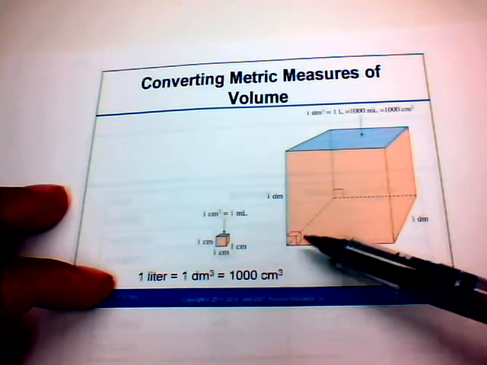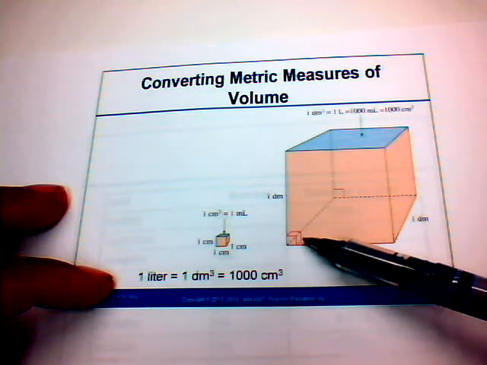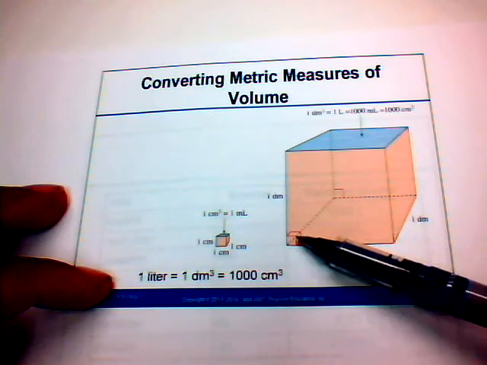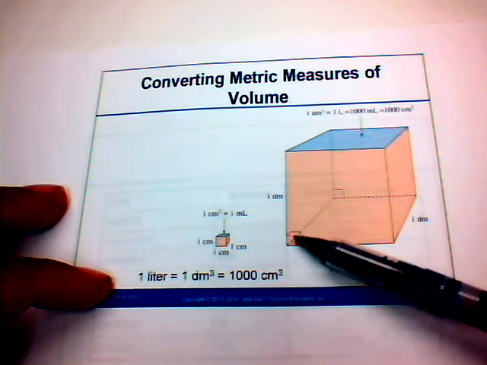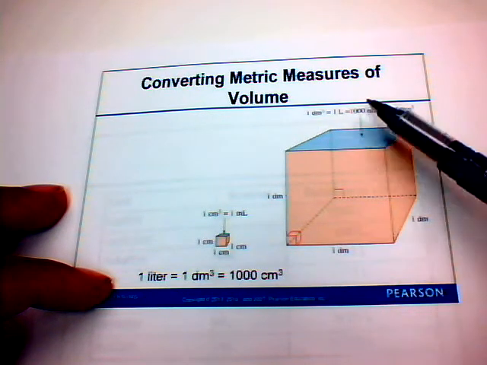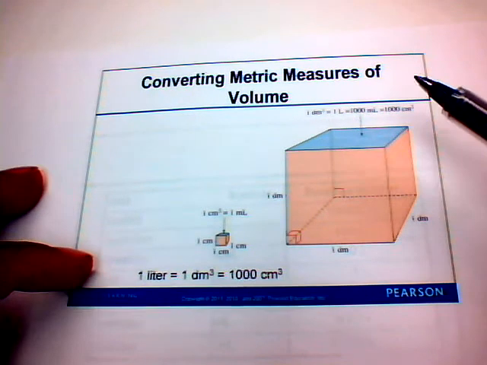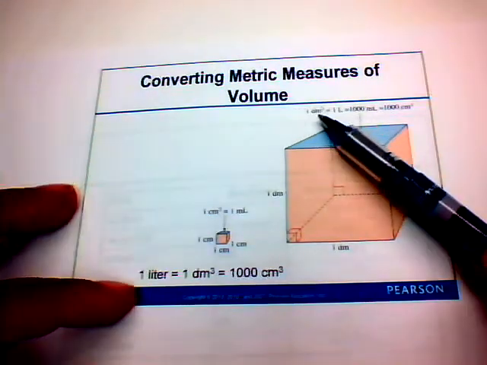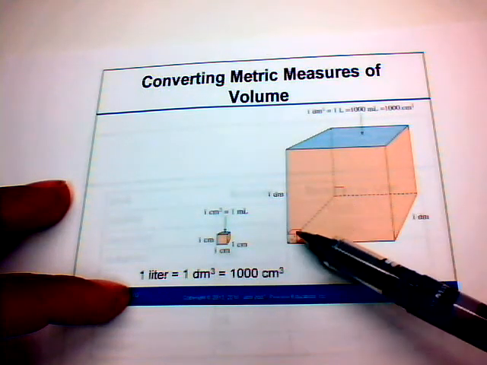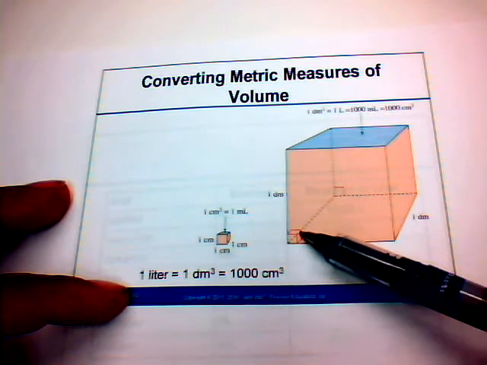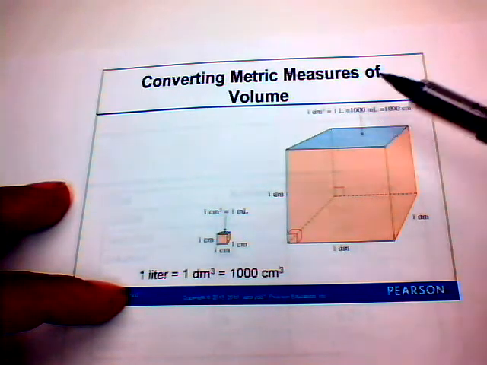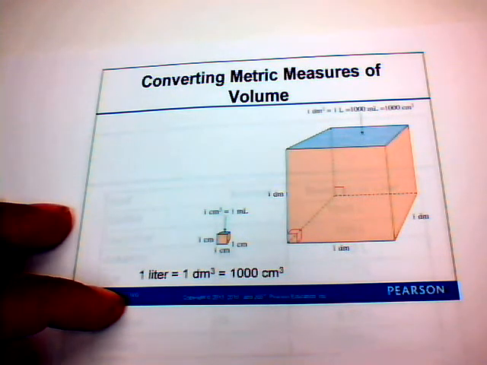If you stack 10 of those 1 centimeter cubes going across this way, and this way, of course you'll have 1 decimeter. And the volume of this cube will make that 1 cubic decimeter. So stack up those 1 cubic centimeters going this way, and this way, you're going to get 1,000 cubic centimeters, or 1,000 milliliters.